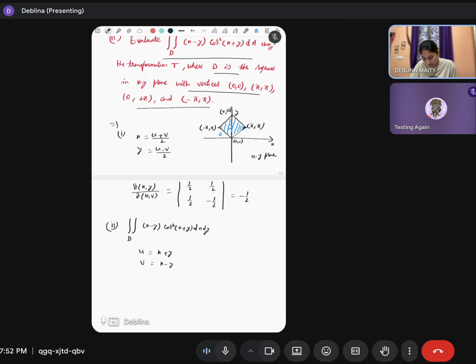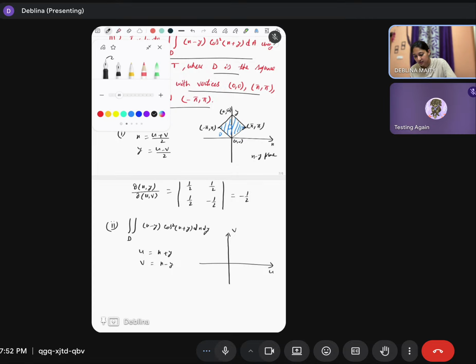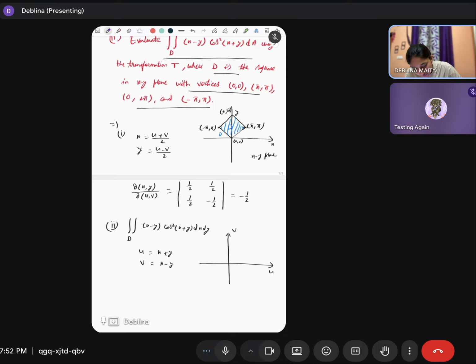Now if you look at the uv plane, you have to find the limits. So first look at this line.